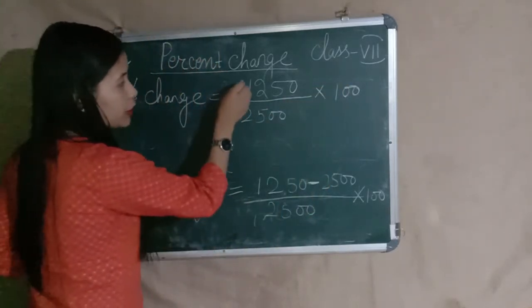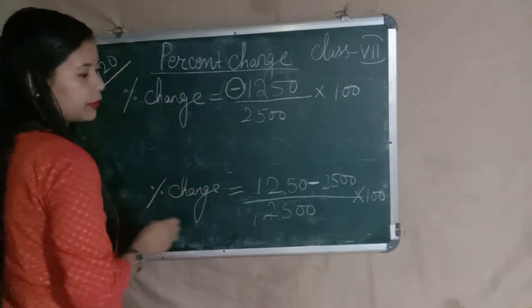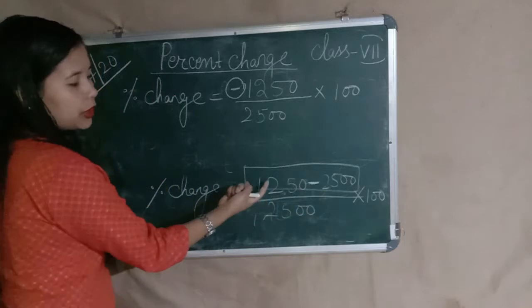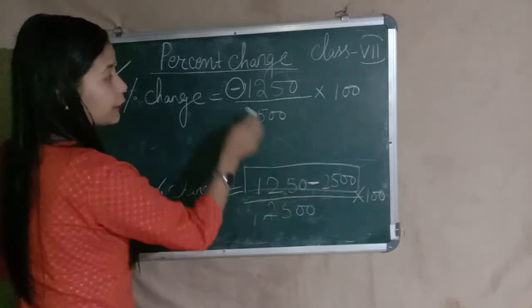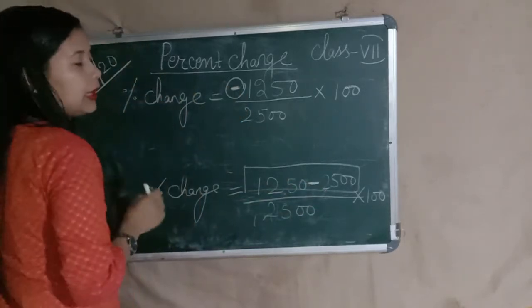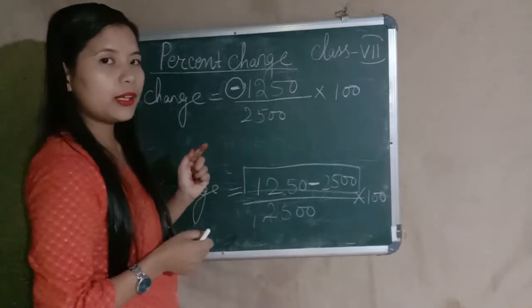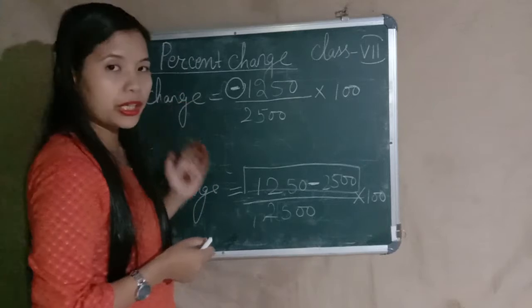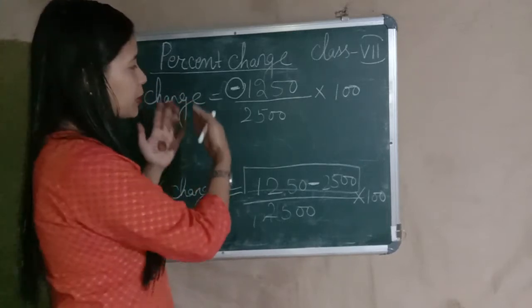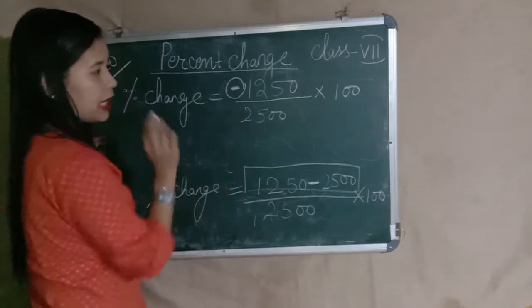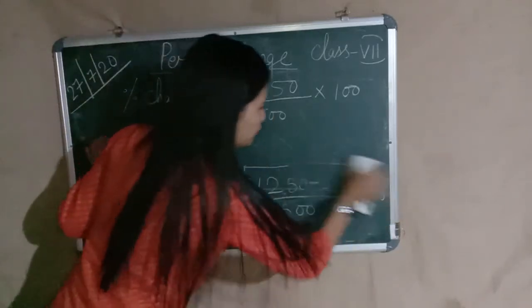Whenever you find a negative sign in the numerator, when we are doing new value minus old value, it indicates that there is a decrease, because of this negative sign.